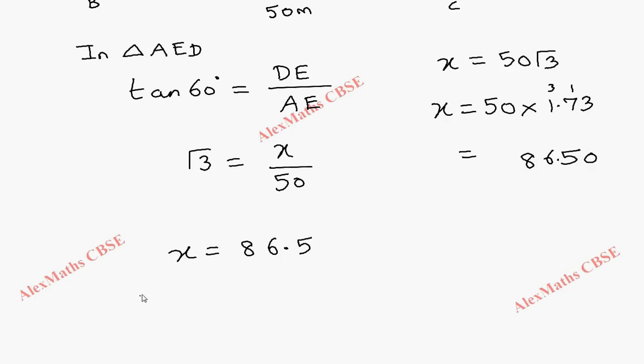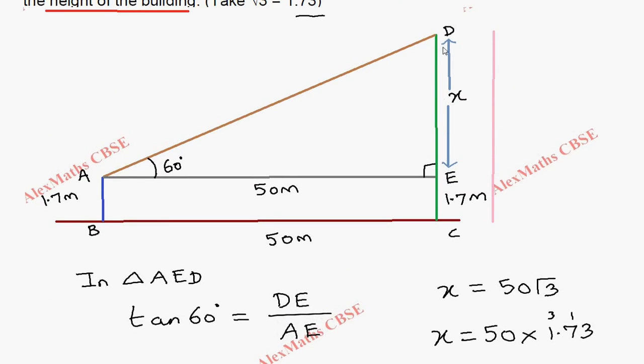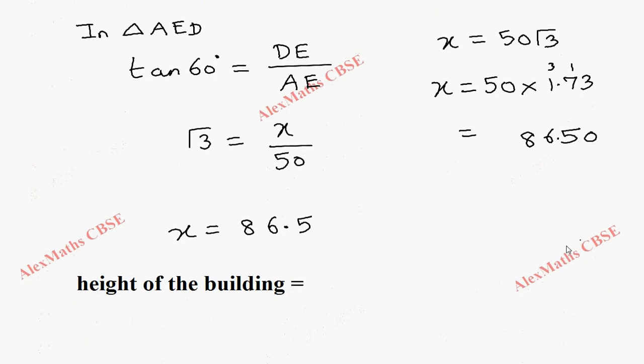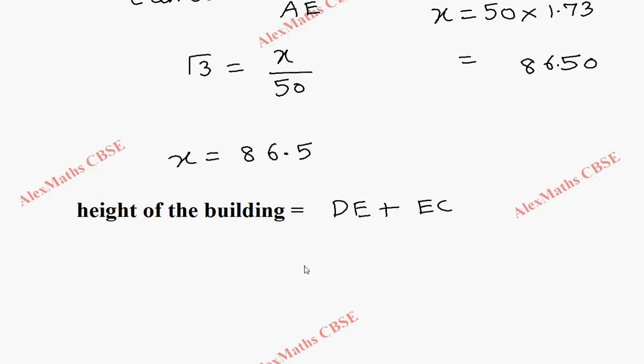So from this we get the value of x as 86.5. Now the total height of the building, as per our diagram, is DE plus EC. But DE is x and EC is 1.7.